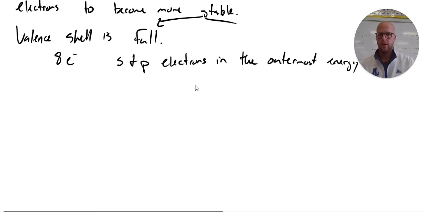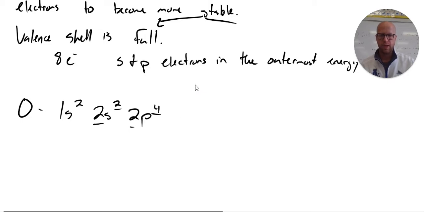So, some examples. If we take a look at oxygen, oxygen has electron configuration 1s2, 2s2, 2p4. The outermost energy level, in this case, is the second energy level. It's got 2 s electrons and 4 p electrons, so oxygen would have 6 valence electrons.